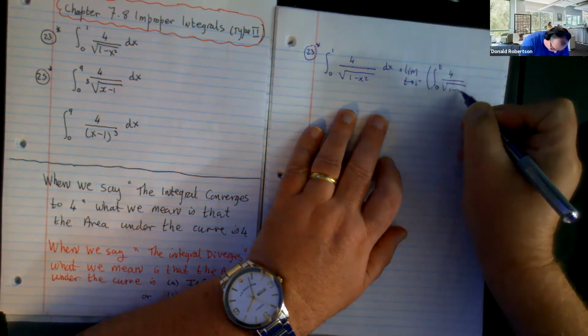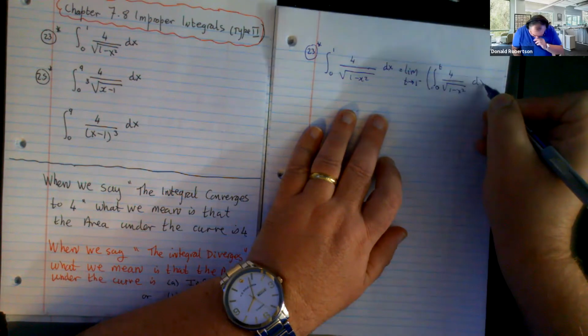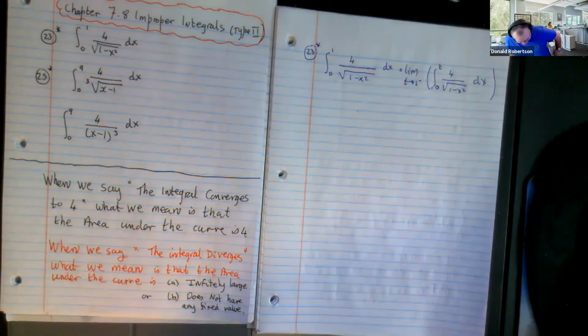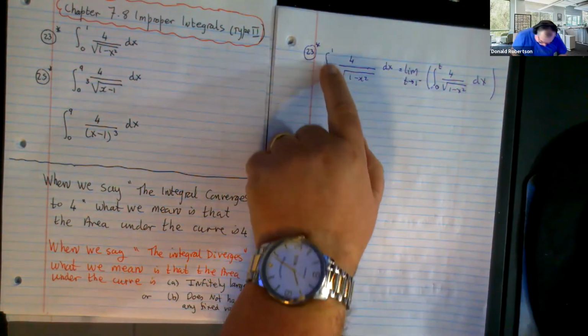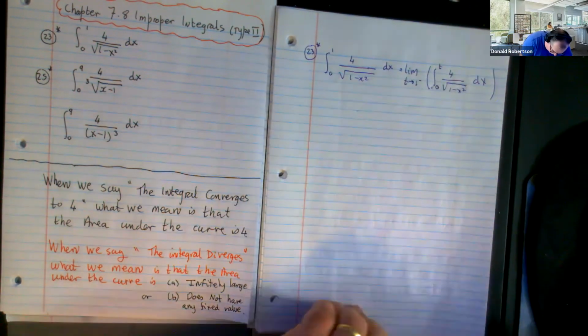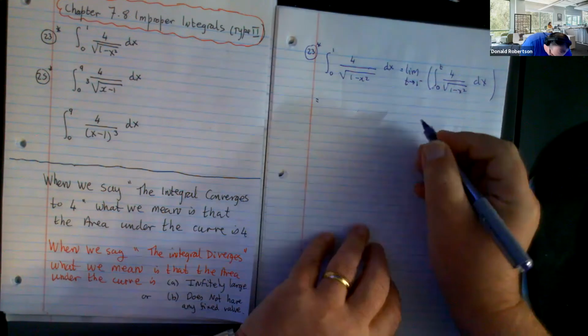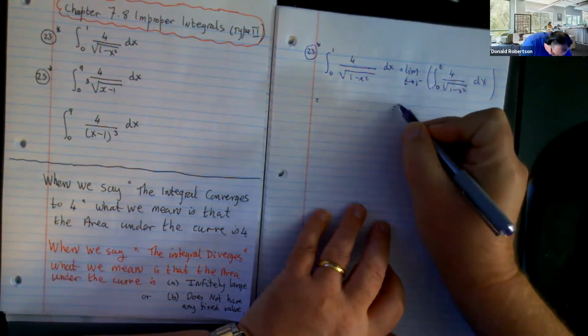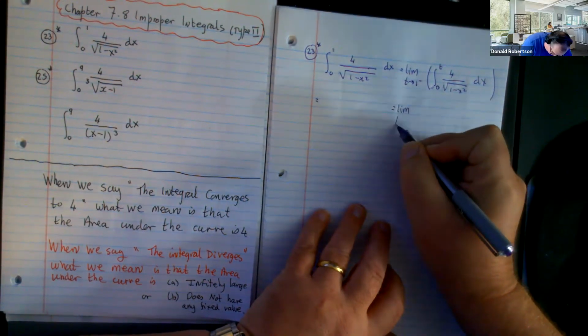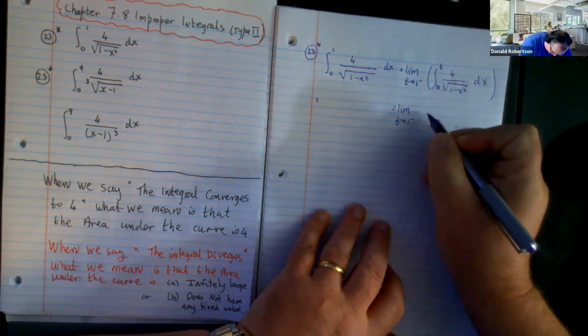You figure out what value of x is causing the vertical asymptote. If it's one of the limits, as it is here, do that. And now we can do the limit as t tends to 1, and you integrate this guy.